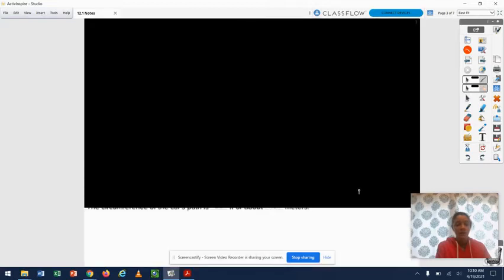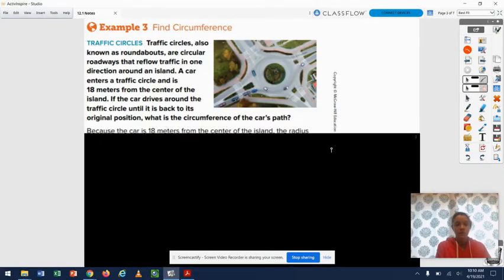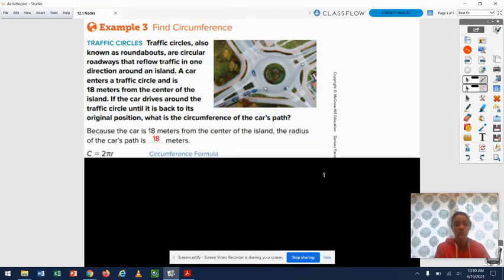All right, in the next example, we're going to use our circumference formula. So take a moment and read through that story problem. You are trying to find the circumference. So we're going to do 2 times pi times radius. They are giving us the fact that you are 18 meters from the center.